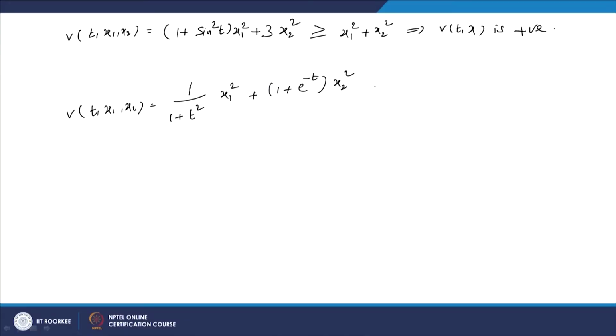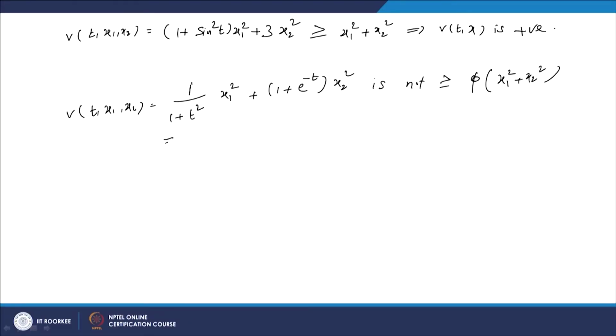But here we cannot find any surface, there exists no surface, so that it is greater than or equal to some phi of x1 squared plus x2 squared, is it not? This type of expression we will not be able to get, because whatever surface we take, as t tends to infinity, the first term becomes smaller and smaller.